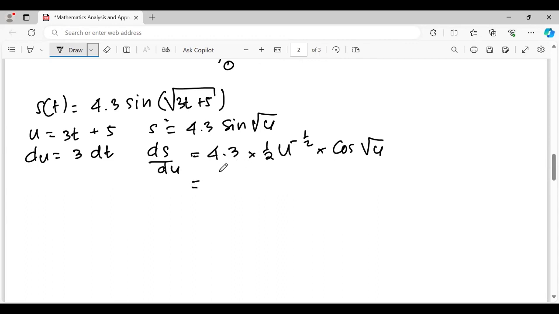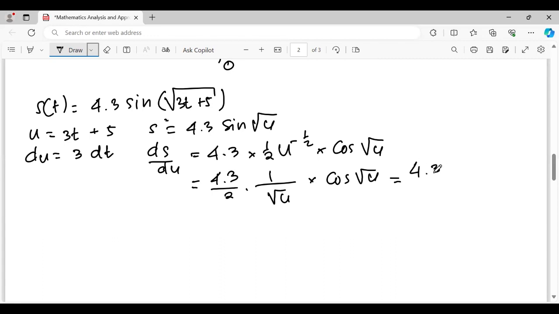So it becomes 4.3 half times 1 over square root of u times cosine square root of u.